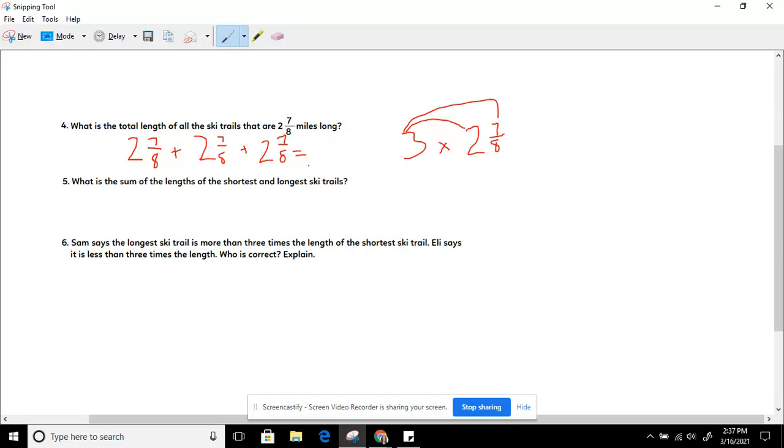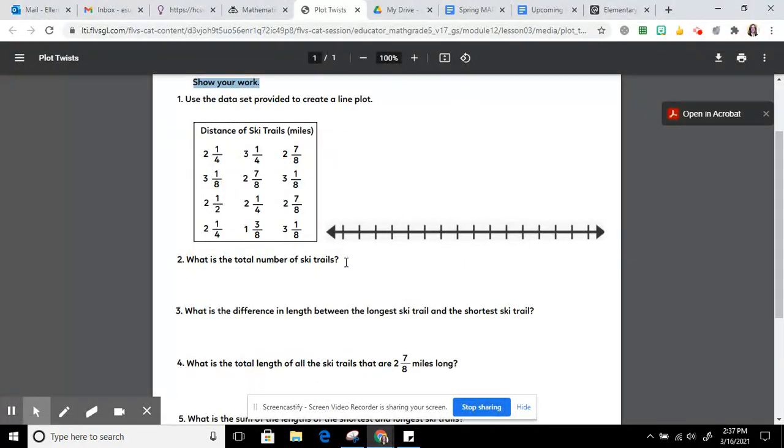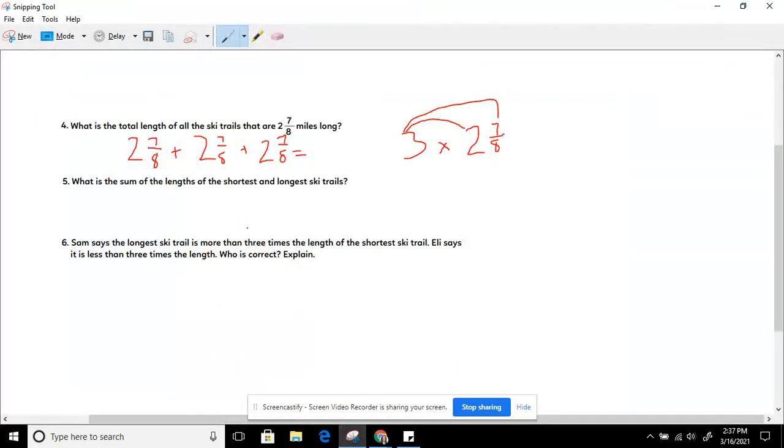Number 5, what is the sum of the lengths of the shortest and longest ski trails? So again, we're looking at the shortest and the longest. We said the longest was 3 1/4, which is actually equal to 3 2/8. And the shortest was 1 3/8. And so we're finding the sum. For number 2, we are finding the difference.